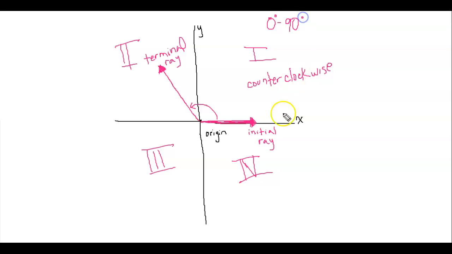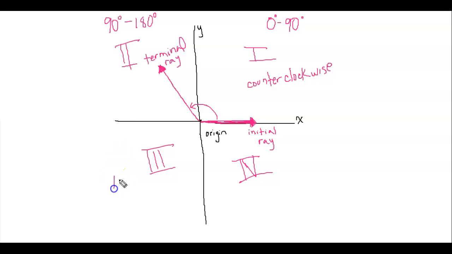And that's in degrees. And then in the second quadrant, it goes from 90, technically 90 is not in either of the quadrants. 0 is not in either of the quadrants. They're on the axes. So between 90 degrees and 180 degrees is going to be in the second quadrant.